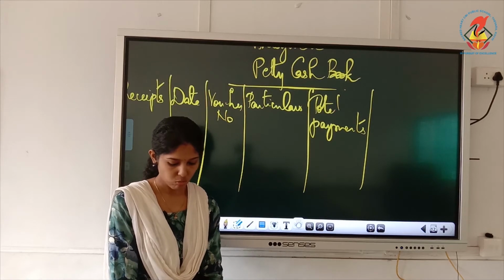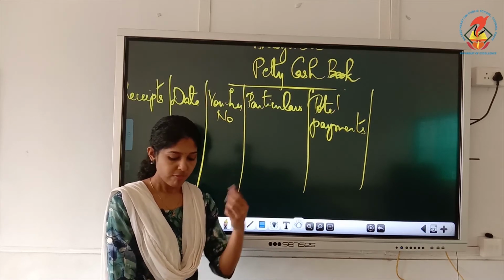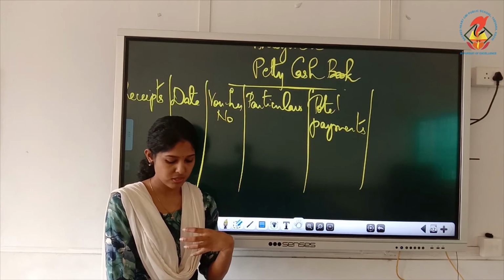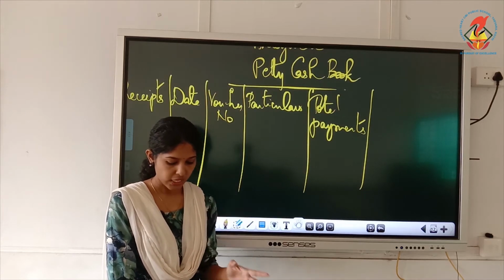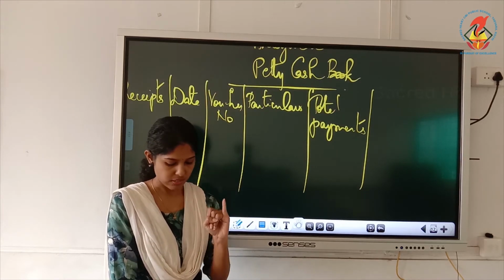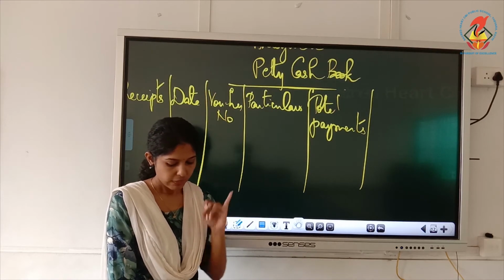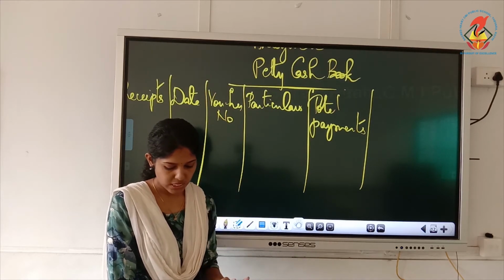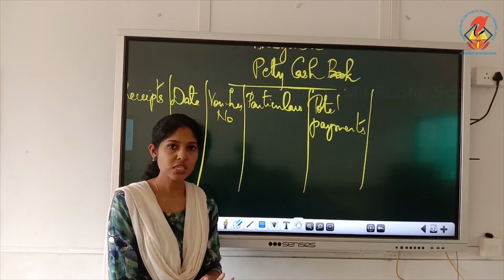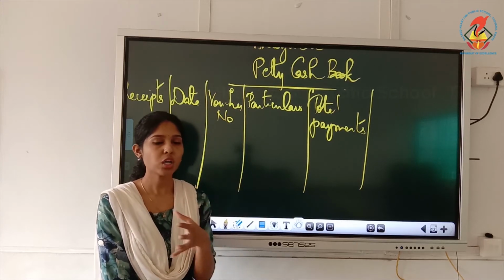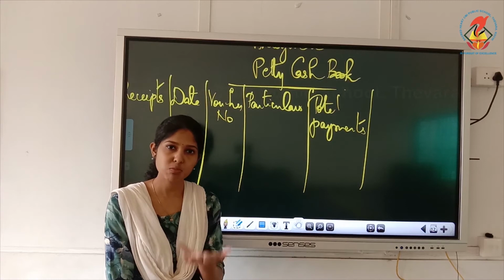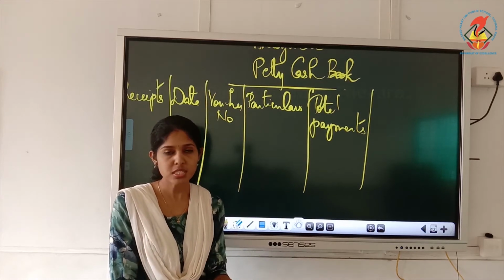Go through the question. Which is the first expense given there? First is receipt for petty cash. That means the advance you got. It's not an expense. Then paid metro fare. So that is conveyance. One column for conveyance you need. Then one for cartage. Then for postage. Then paid wages. In the textbook, they have drawn a column like sundry expense. Sundry expense means again the miscellaneous expenses.